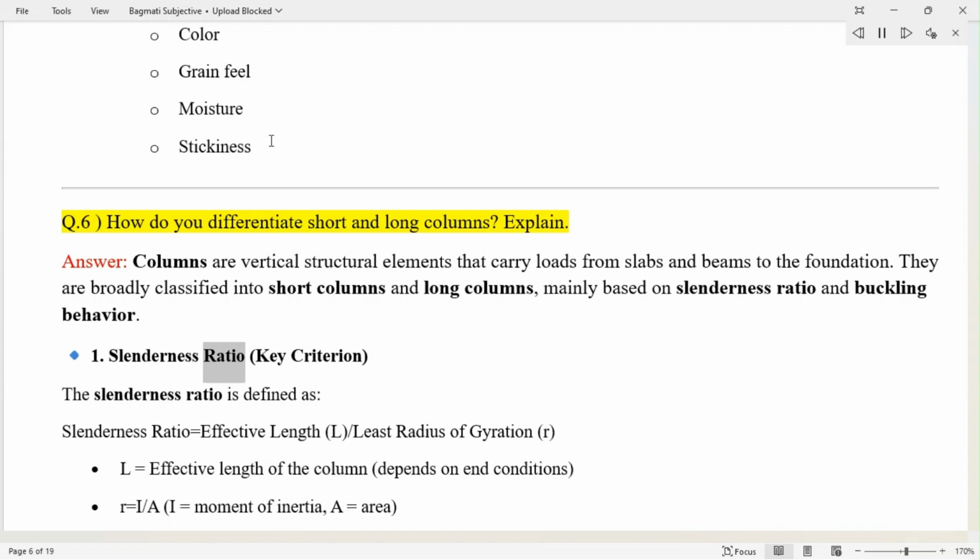Slenderness ratio, the key criterion. Slenderness ratio equals effective length, L, divided by least radius of gyration, r. L is the effective length of the column, which depends on end conditions. r = √(I/A), where I is the moment of inertia and A is the area.